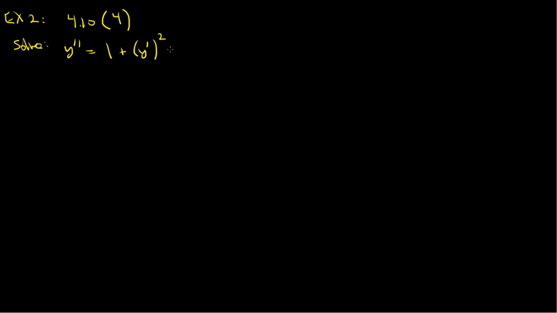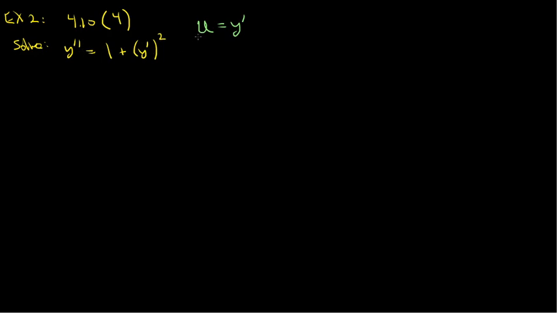Well, if you look at the examples in section 4.10, most of them tell you to do a substitution. We're going to let u be y prime. So you notice there is no y here, right? It's just y prime and y double prime.